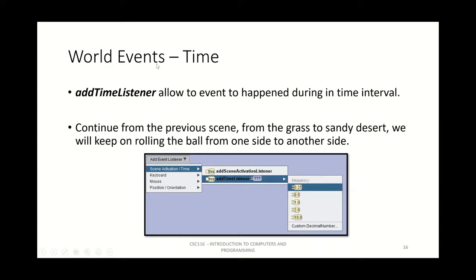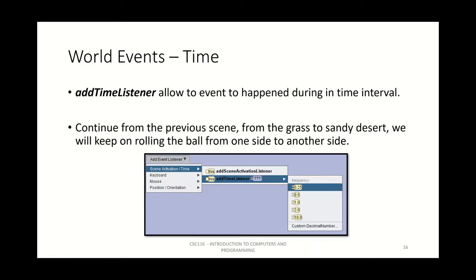Another option for world event is time. Add time listener allows the event to happen during a time interval. So what will happen to the object during the time that we have set? For example, continuing from the previous scene, from the grass to the sandy desert, we want to keep on rolling the ball from one side to another side.